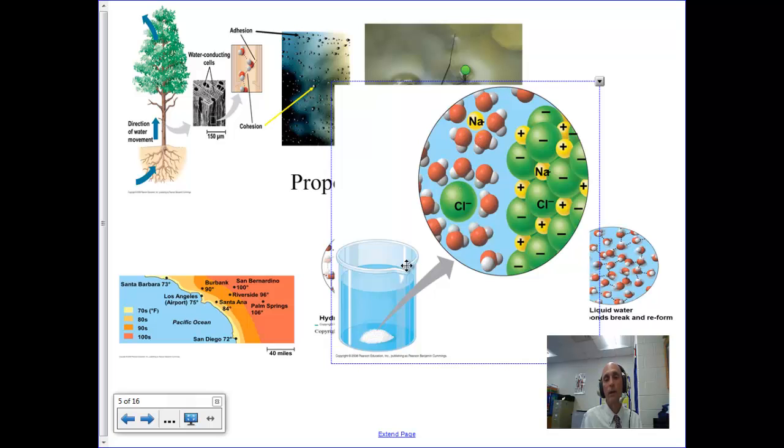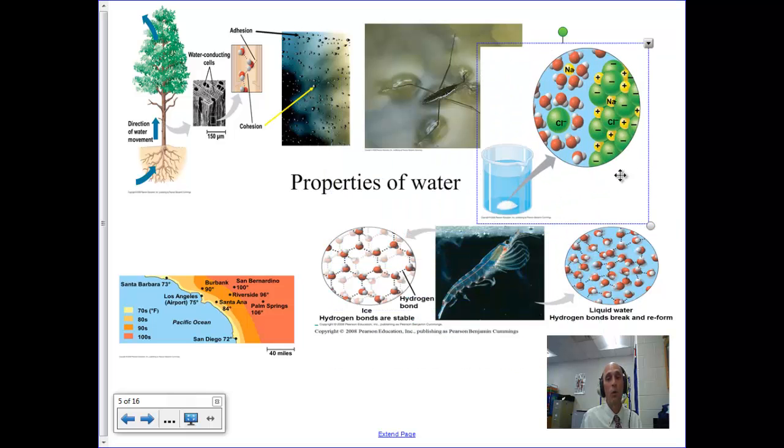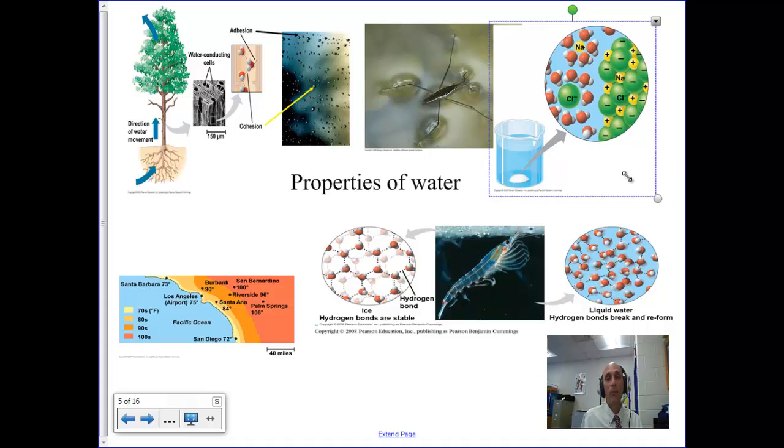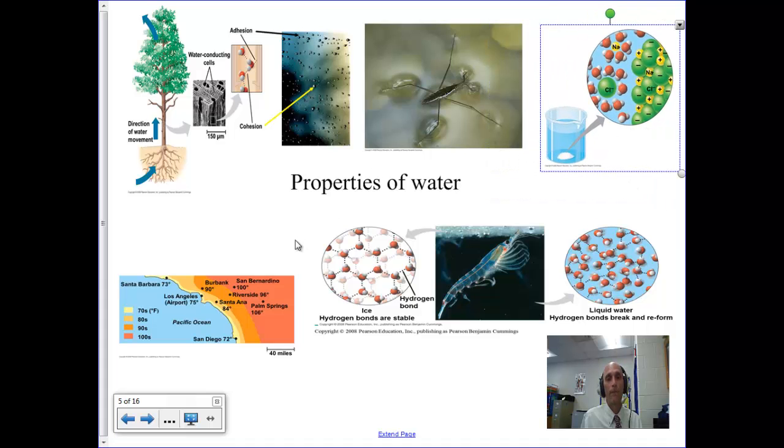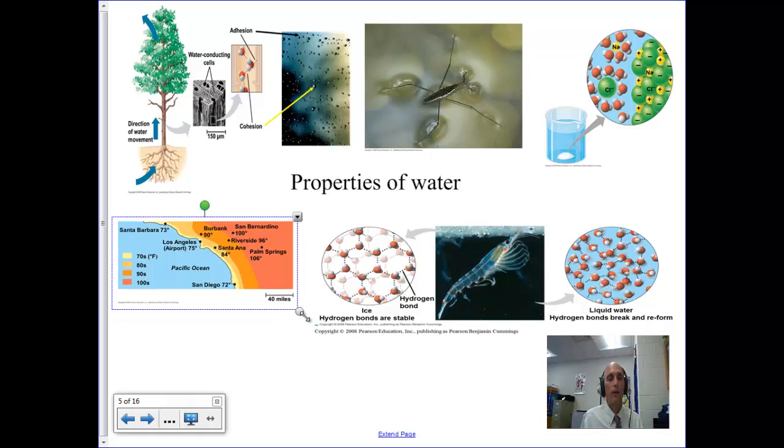And so every time you stick something into water and it dissolves, that is because of the polarity of the molecule. And if you see stuff that doesn't mix with water, that means it's going to be nonpolar, like say oils are nonpolar.